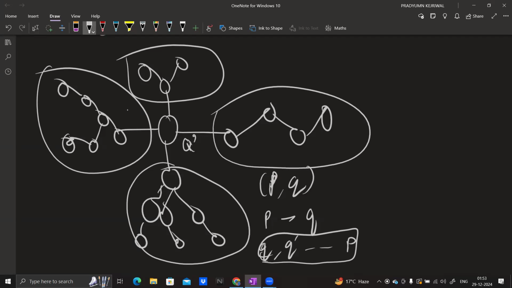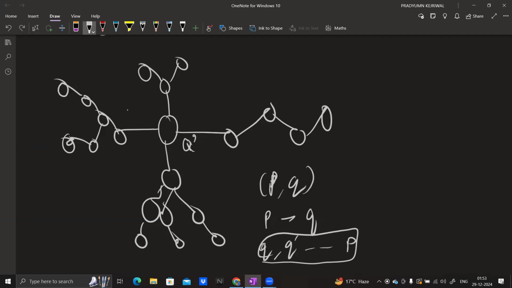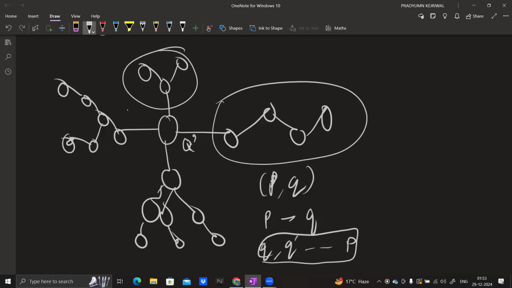Let's say I choose P from this component and Q from this component, then definitely I can say that Q dash will lie in the path, right? But also I want Q to be adjacent to it. So Q can be this only. If I'm choosing Q from here and P from here, I only have one choice for Q. I can choose only this.